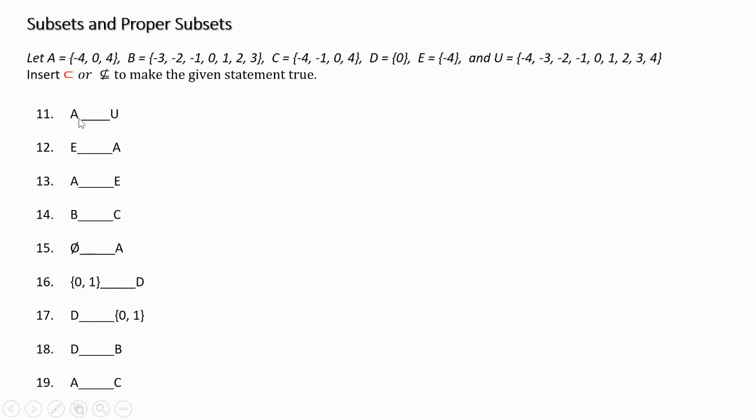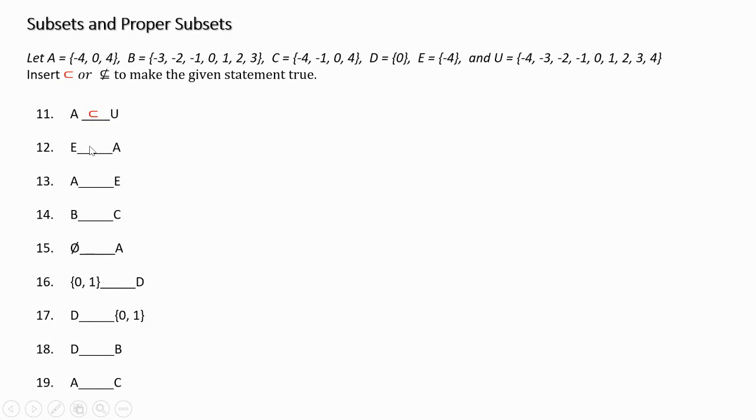Okay, now here we have A and U, right? A has -4, 0, and 4. So let's go to U, which has -4, 0, and 4. So A is a proper subset of U. Okay. Now let's go to E. We have set E and set A. E is {-4}, and set A is {-4, 0, 4}.